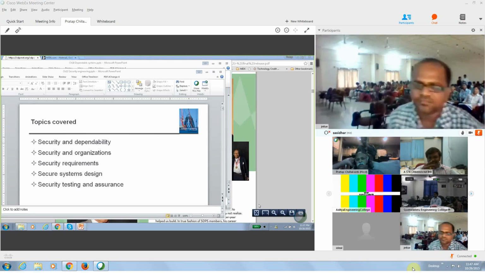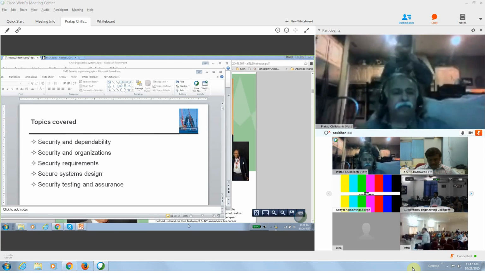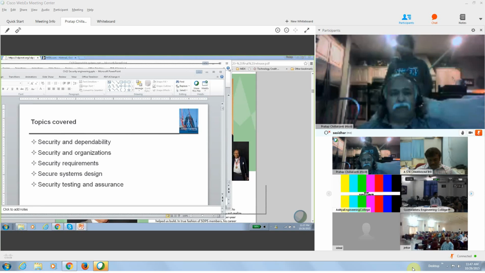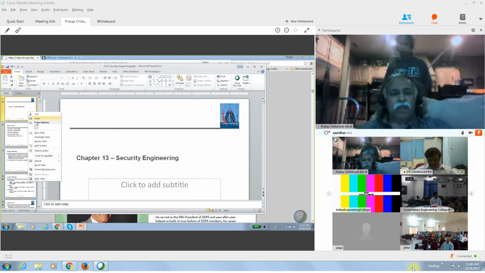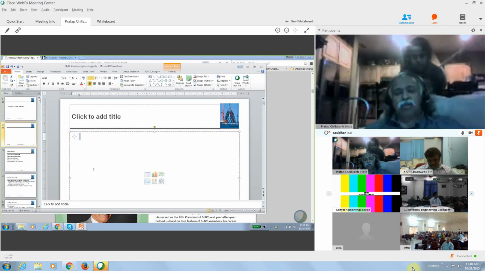Oh, absolutely. Remember we talked about the layered architecture, right? So let me take a new slide here. What did we say?